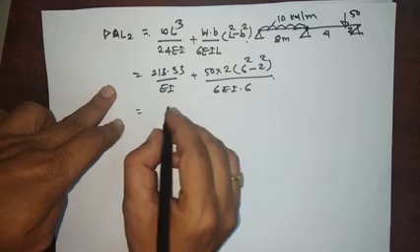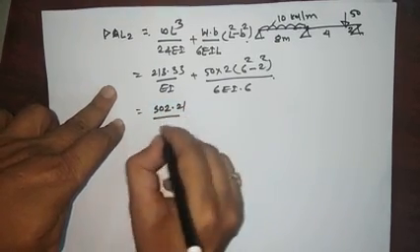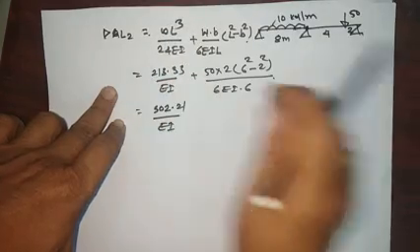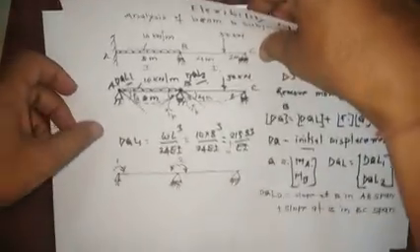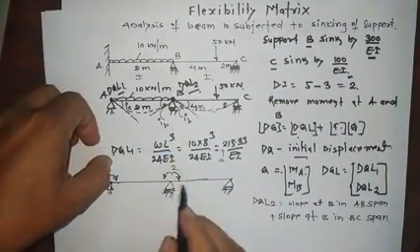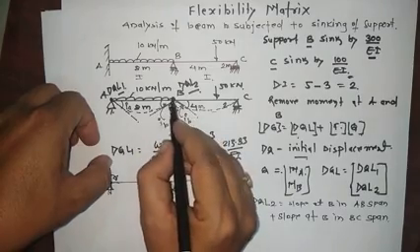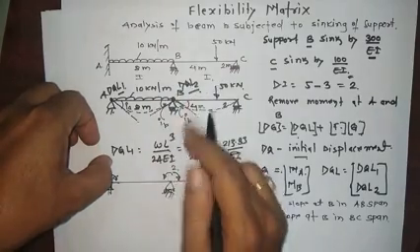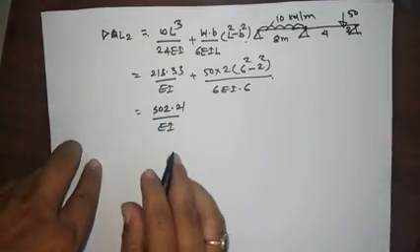So this final becomes 302.21 divided by EI. Now both values are positive because our rotation is assumed like this at coordinate 2, and the slope produced at B due to both loadings has the same direction, that is why both values are positive.